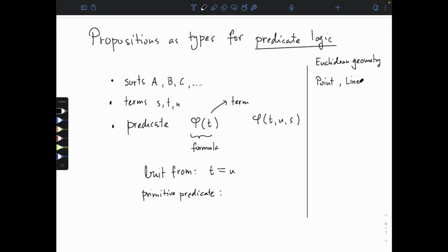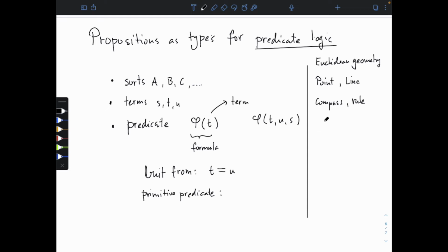Later on, we would face the question of what to do about circles, but at least at the beginning, we're going to say there are just two sorts called point and line. And then the terms would be the points that you can construct using compass and ruler.